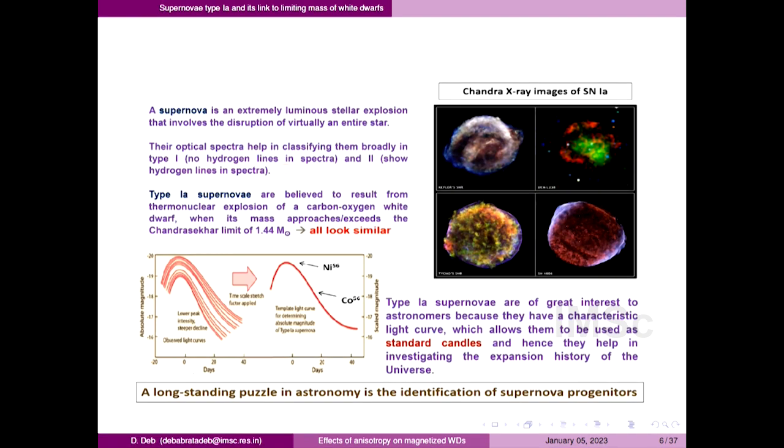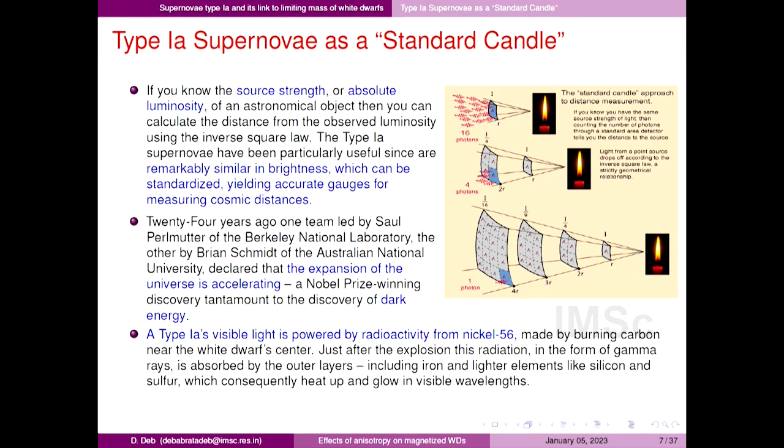There is a significance to it, in how we are presently looking at the universe. Why so? Let me discuss that. Before that, if you know the absolute luminosity of a source, then you can easily derive the distance of the luminous object by applying the inverse square law.